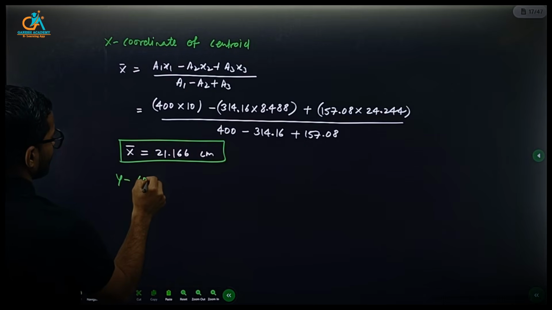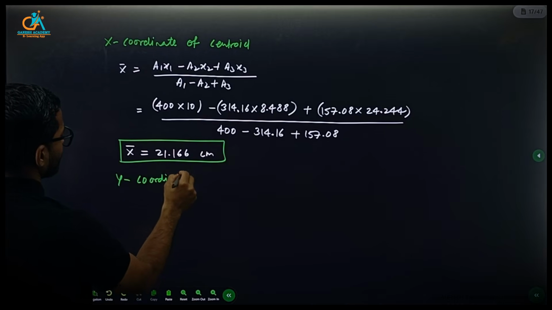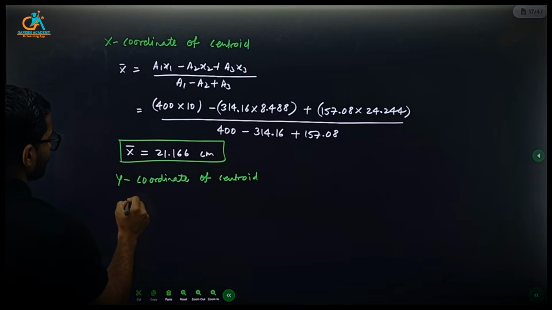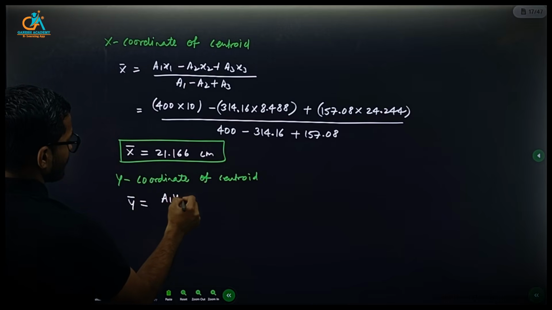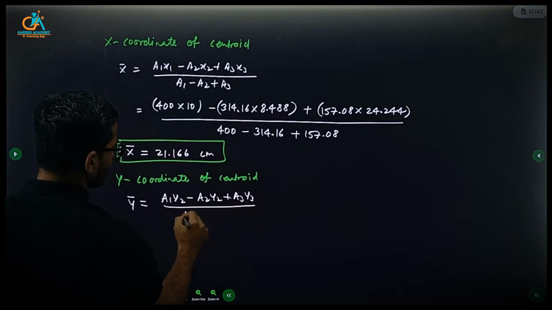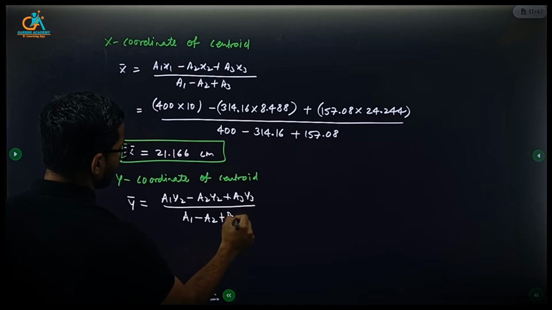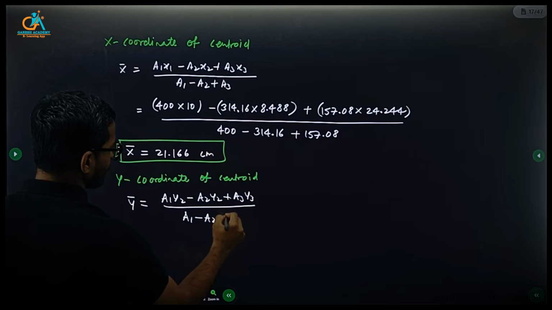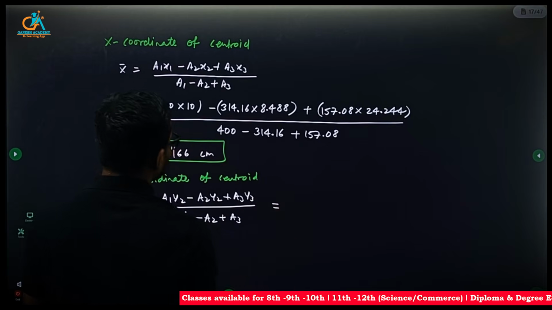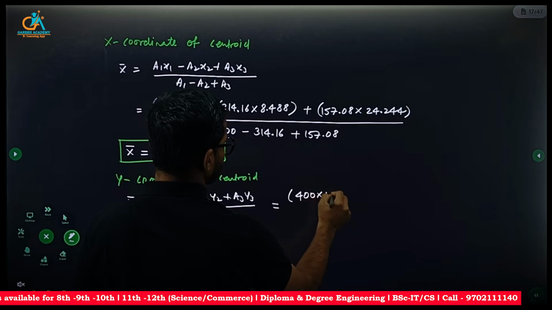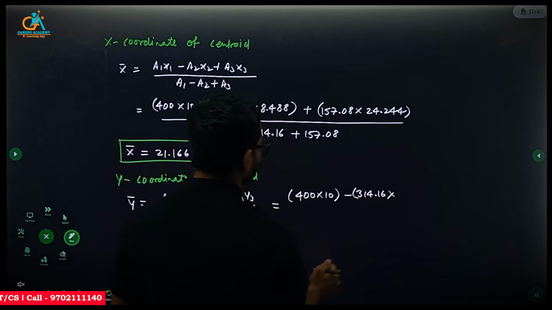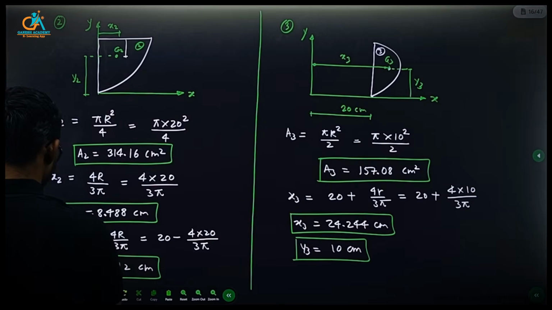And then the y coordinate of the centroid, y bar: A1 y1 minus A2 y2 plus A3 y3. Y2 is 11.512.